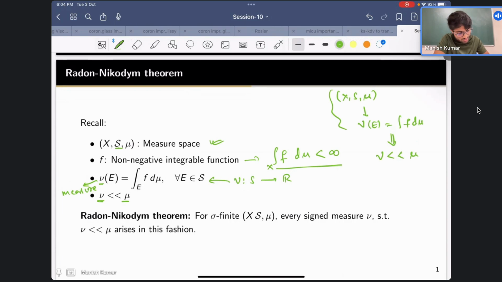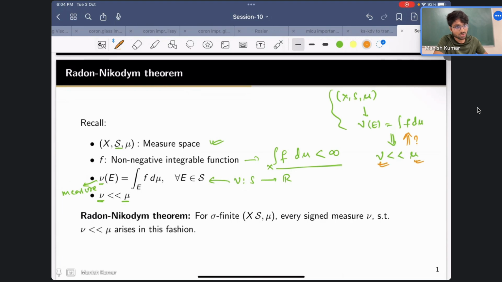Now the question is the converse. Suppose you have two measures mu and nu. How can this nu be written? Suppose you have been given this mu and you know that this nu is absolutely continuous with respect to this mu, then can you say something about this nu?